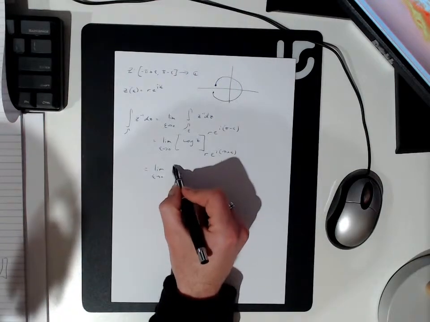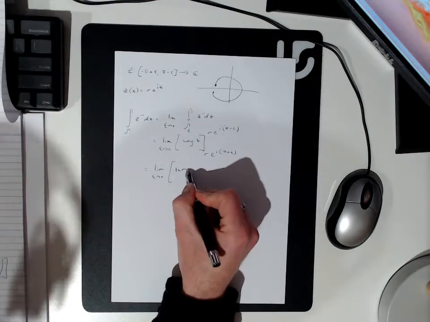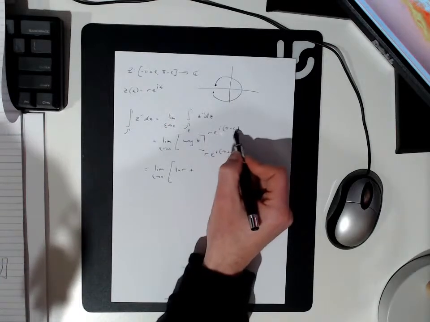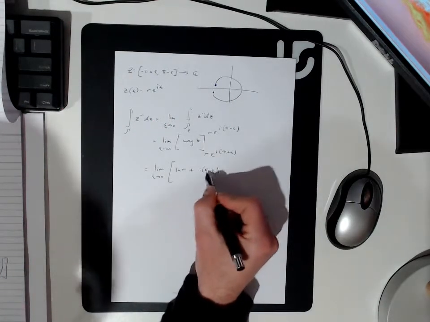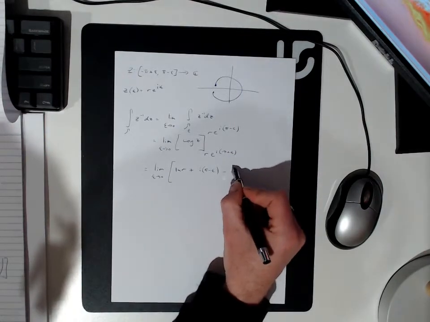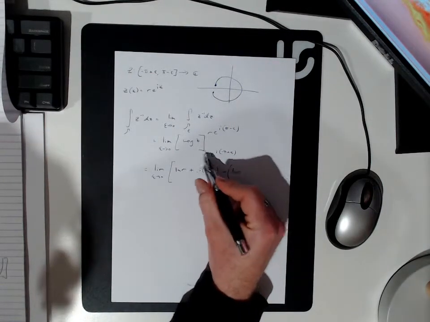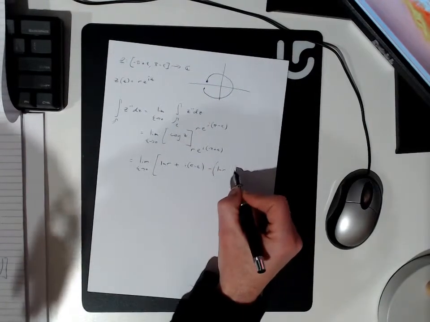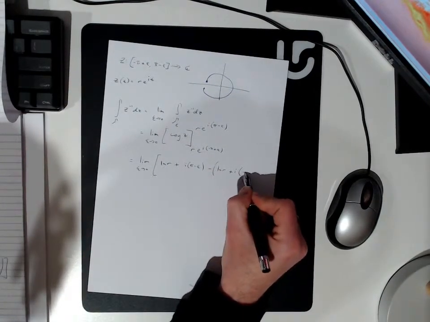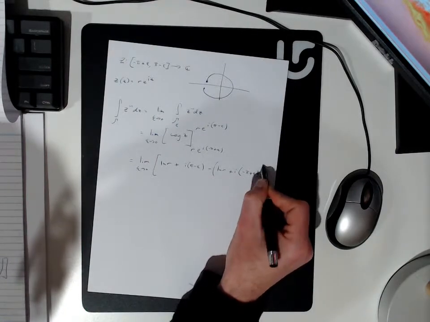We know what that is. This is ln r plus i times the principal argument, which is i(pi minus epsilon), minus ln r plus i(minus pi plus epsilon).